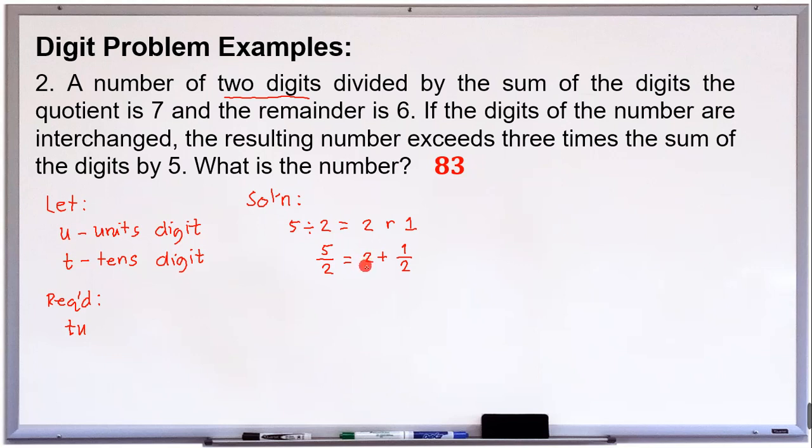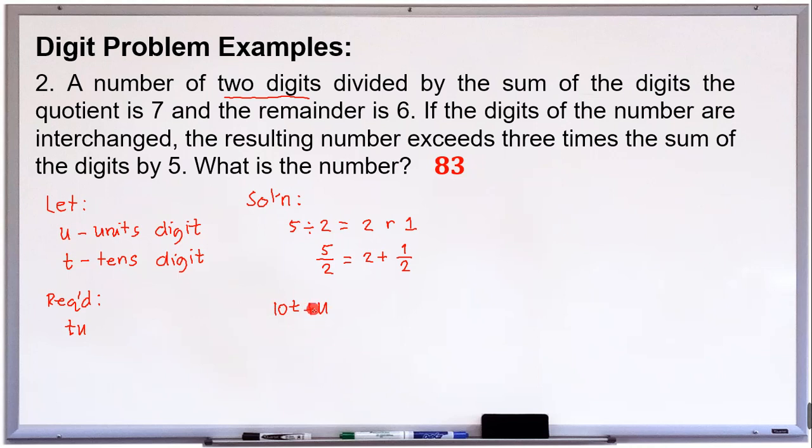So we are going to use this in order to generate our working equation from sentence 1. We have the given number. Since it is in number form, we are going to write this tu in its expanded form. The expanded form is 10 multiplied by the tens digit, plus u.